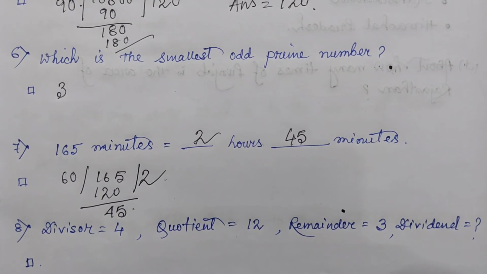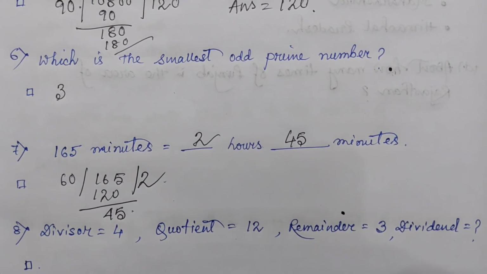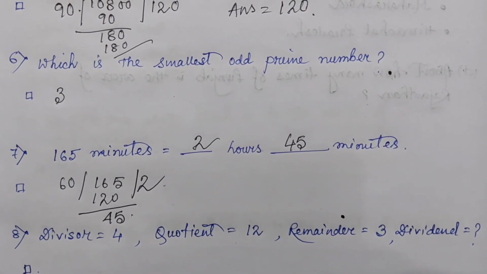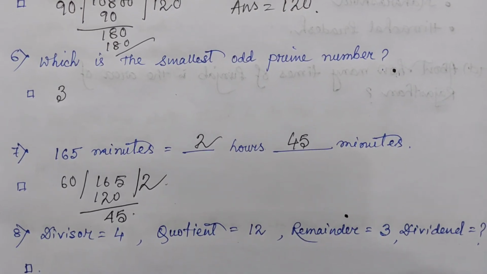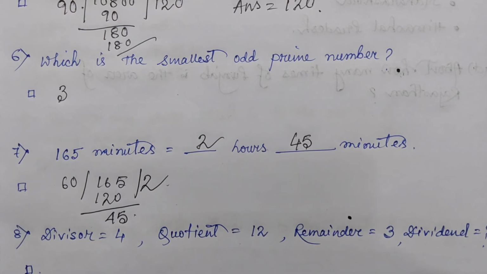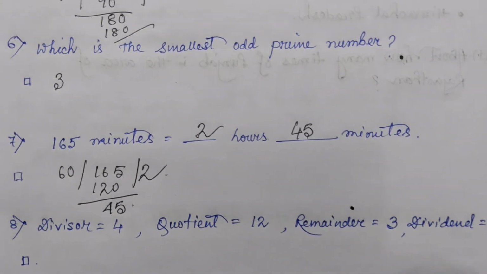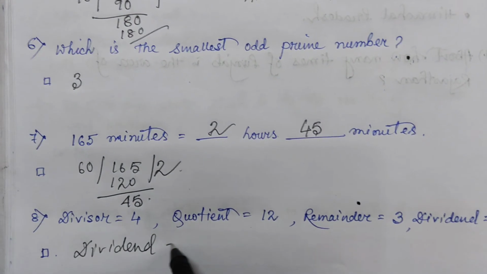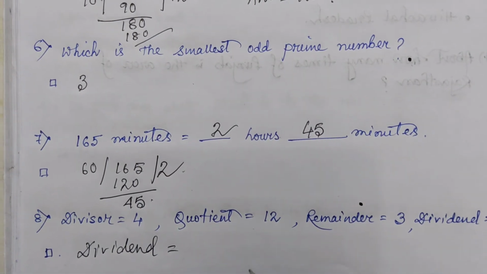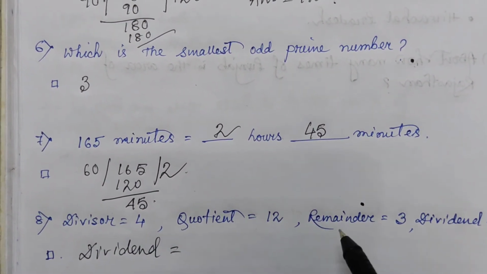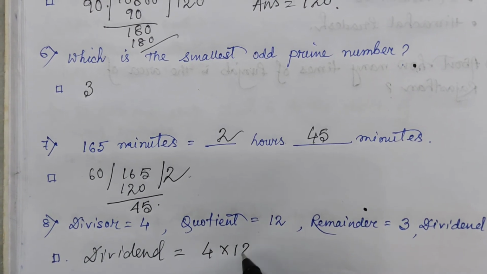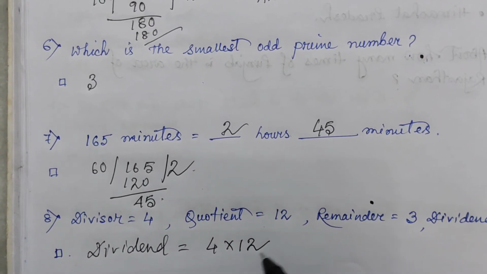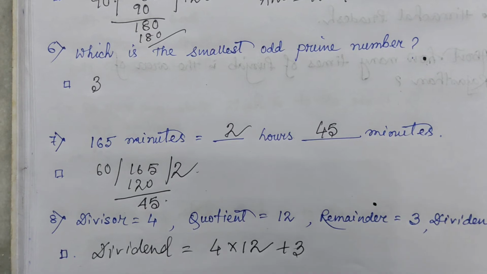Next, number 8. Divisor is 4, quotient 12, remainder 3. What is the dividend? So we know that dividend equals divisor into quotient plus remainder. So 4 into 12, divisor is 4 multiplied by quotient, that is 12, plus remainder, that is 3.